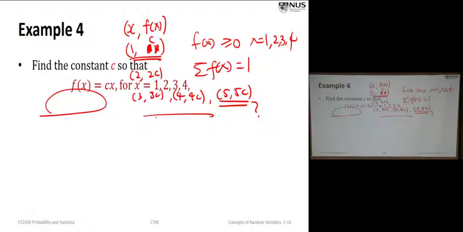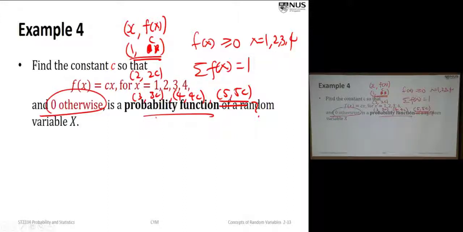Beyond that, it falls to the other case, called otherwise. It's equal to 0 otherwise. So you don't have such a pair in your probability function.